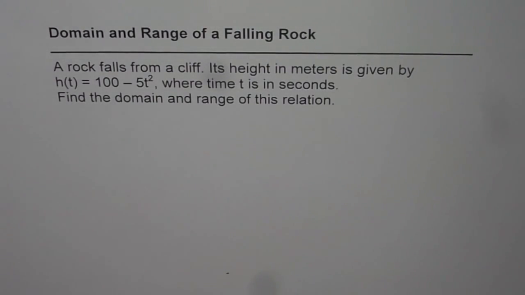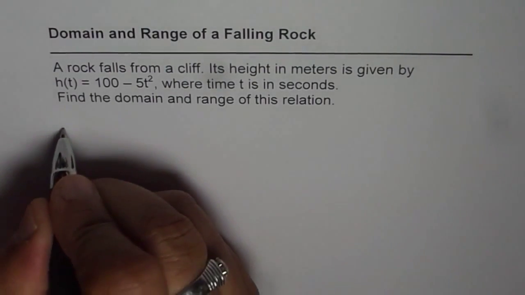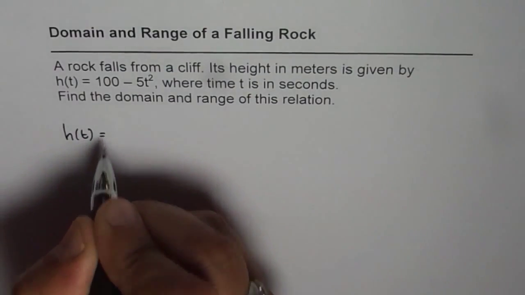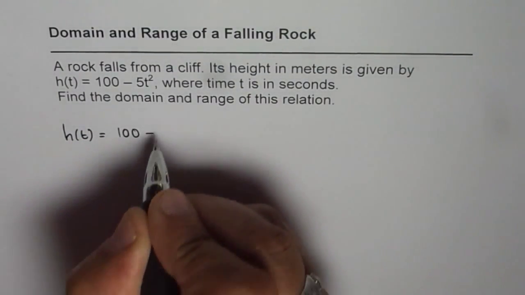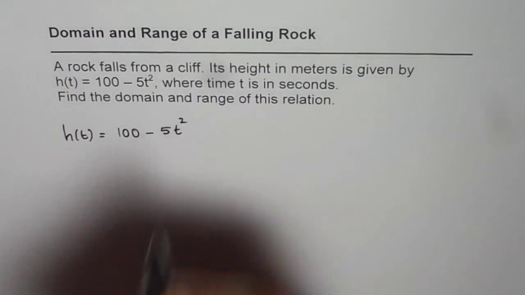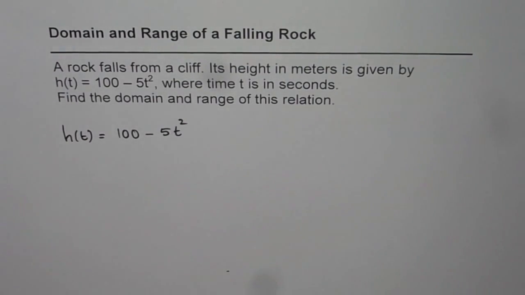So the relation given to us is h(t) = 100 - 5t². Now when we are trying to find domain and range, that means we are trying to find the valid values for t and the height of this function, right?